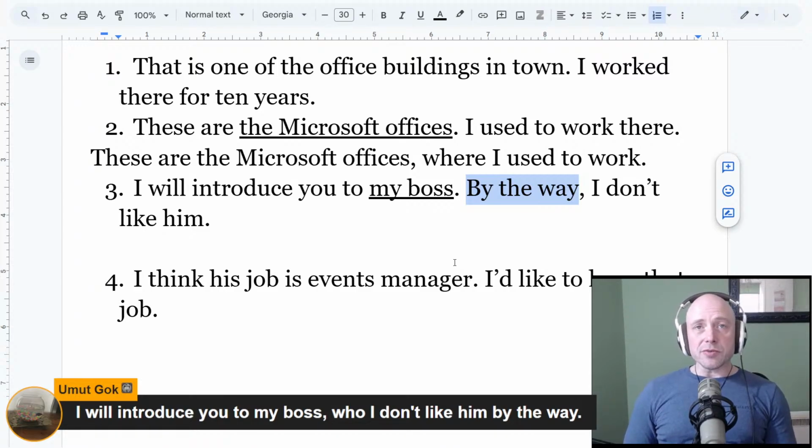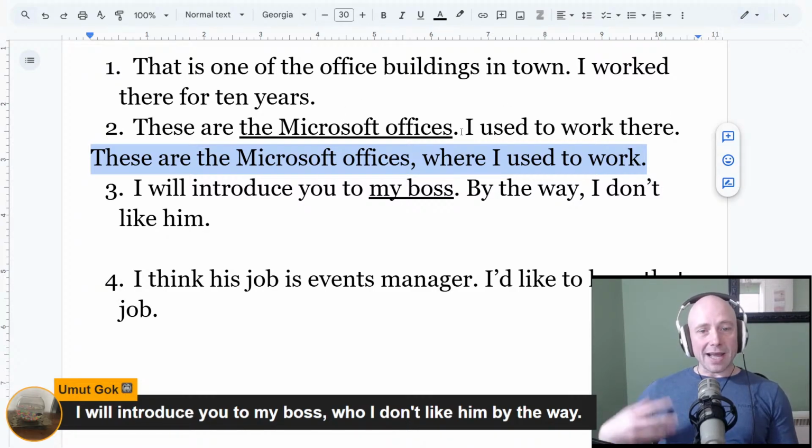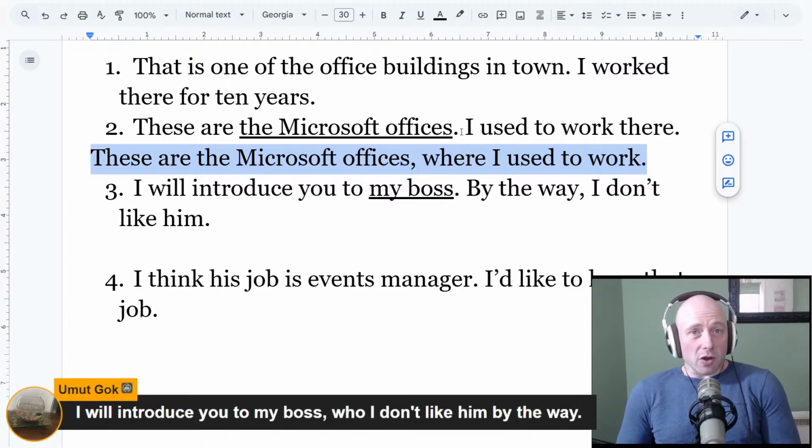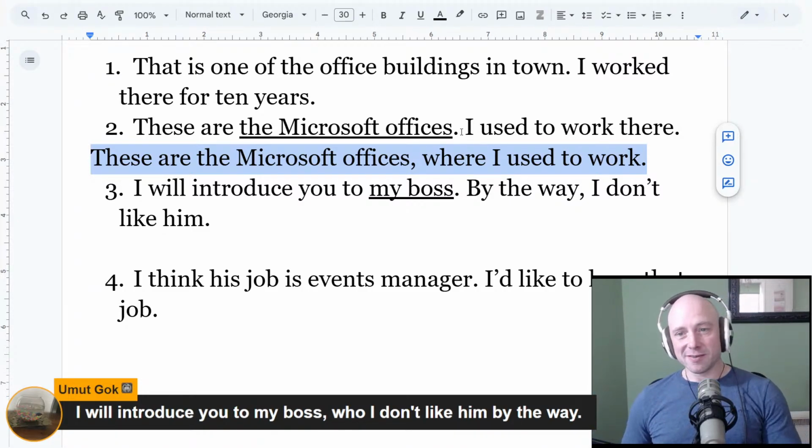So whenever we use a non-defining relative clause, it's like saying, by the way. These are the Microsoft offices. By the way, I used to work there. That's what this sentence is here. These are the Microsoft offices, comma, where I used to work. So by the way is always part of a non-defining relative clause. That's actually what a non-defining relative clause does. It adds by the way information.